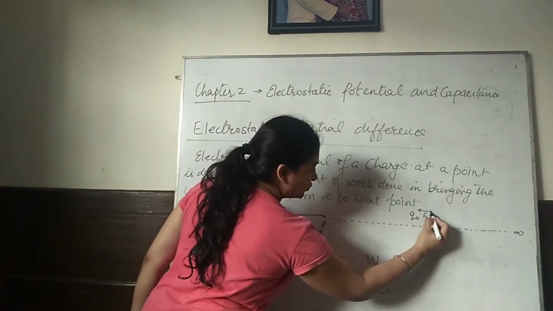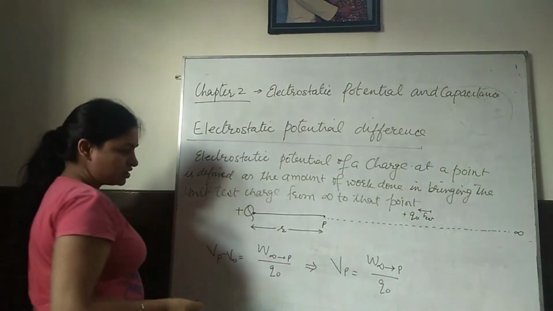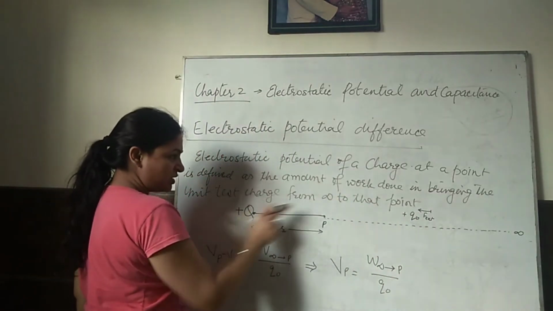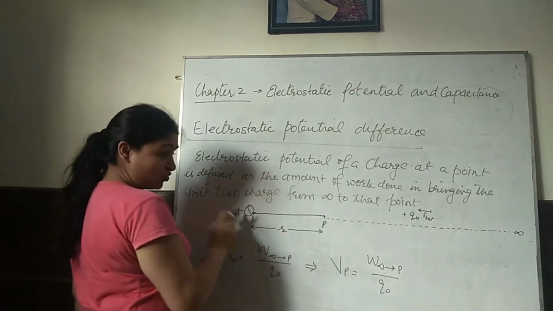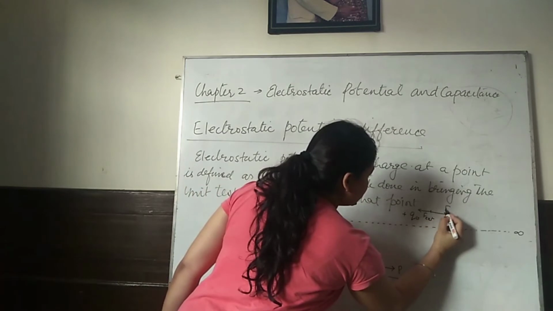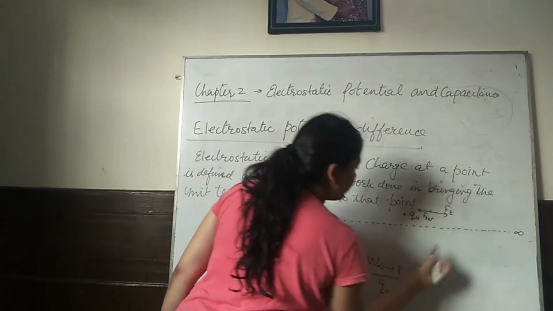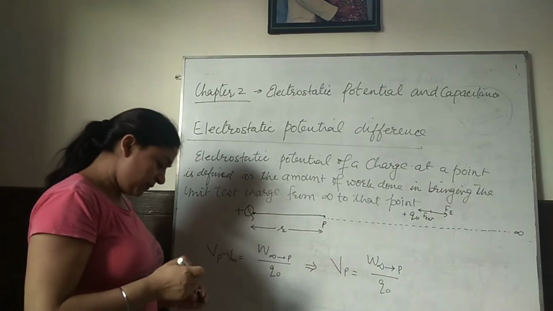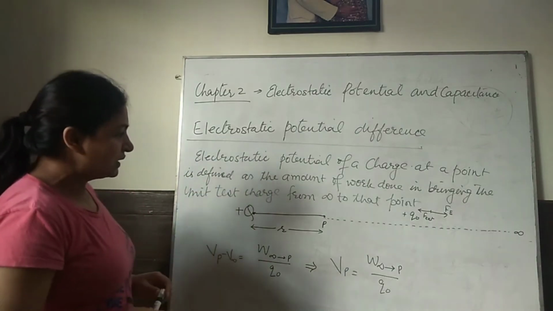Both charges are positive, so the source charge is repelling the test charge away from it. This is the direction of the electrostatic force, and we are applying the force in a direction opposite to it.